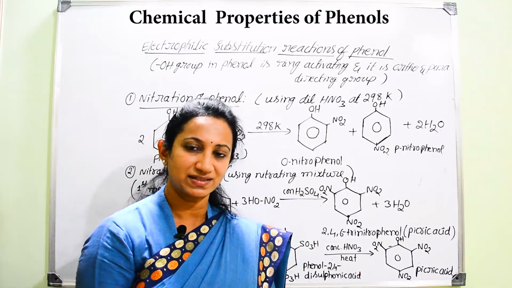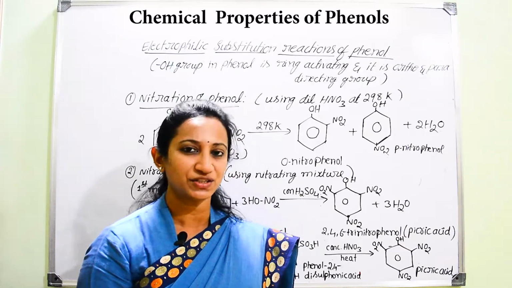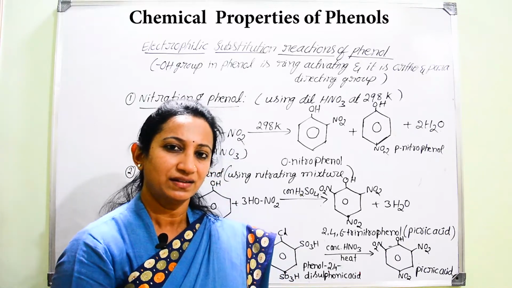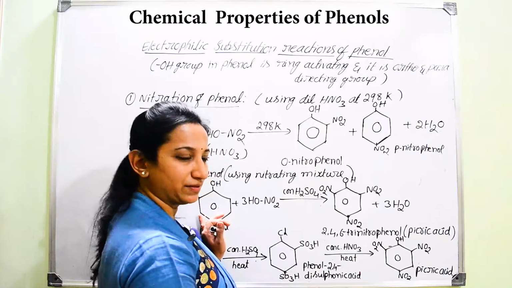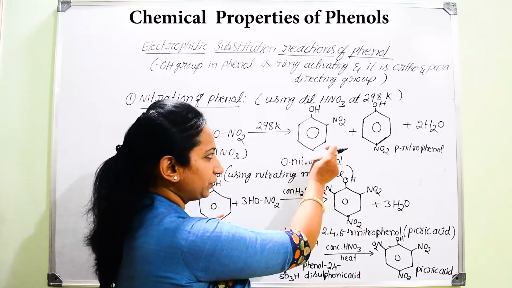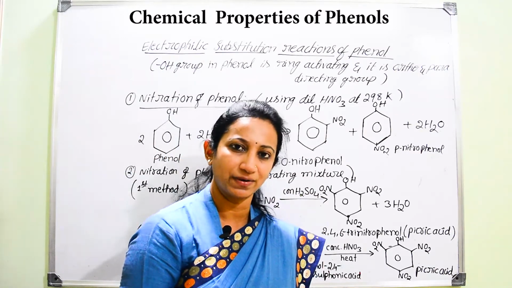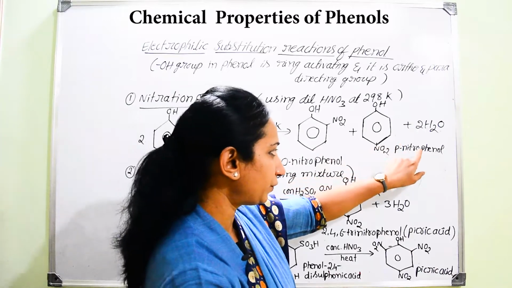Whenever a molecule exists with intramolecular hydrogen bonding, there is no possibility to extend the molecular association. Therefore, it results in a reduction in the boiling point. So ortho-nitrophenol has a lower boiling point, which will be lesser than that of para-nitrophenol.